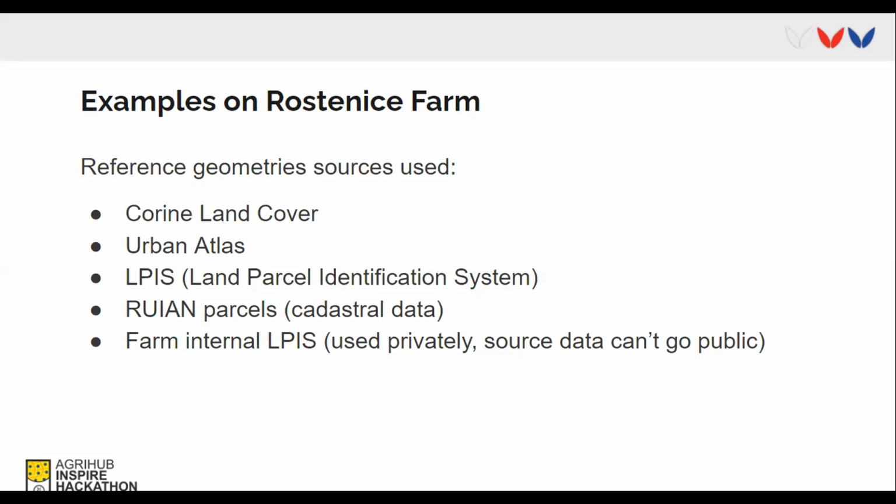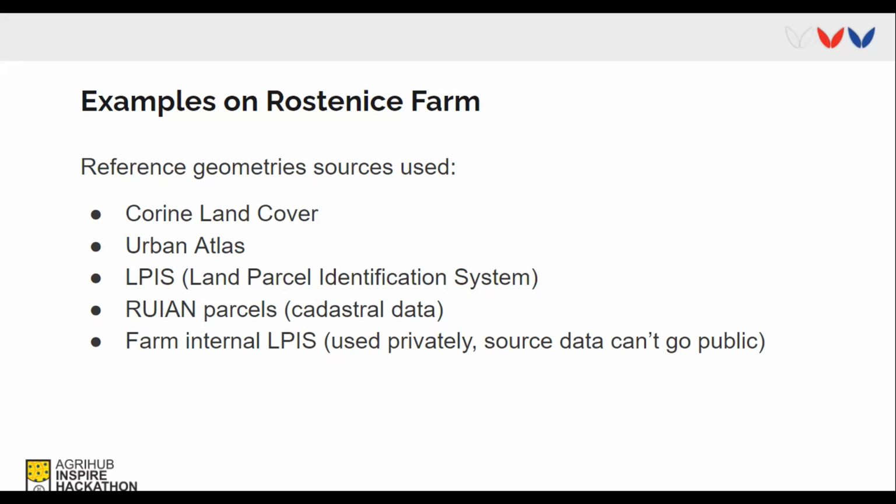Then we have LPIS, the Land Parcel Identification System, the Czech national system of fields, which contains agricultural fields. Then we have cadastral data, RUIAN parcels, which contain land lots.